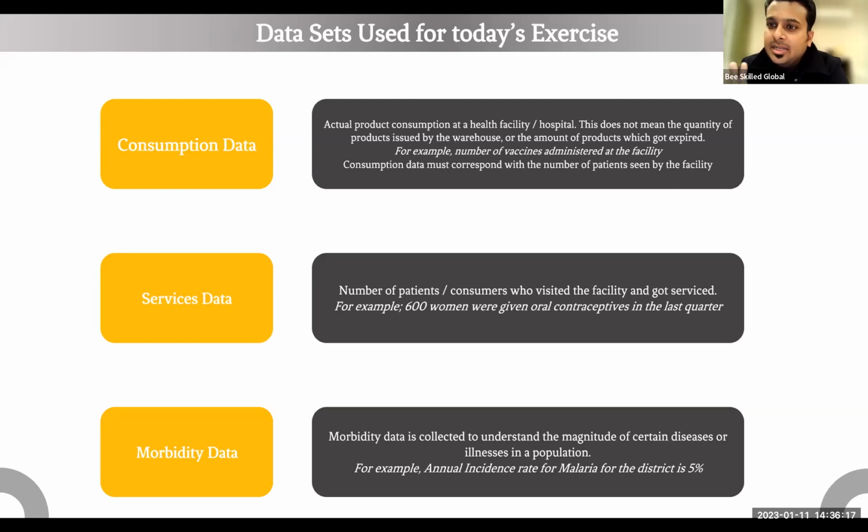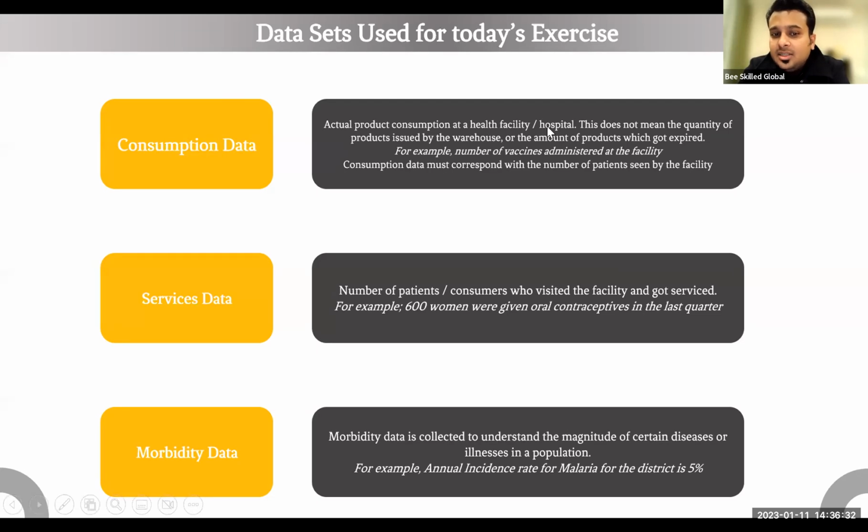You need medicines and testing and everything for those 5 people, so you will source those products accordingly. This is the basic idea of how surveillance or morbidity data is used.